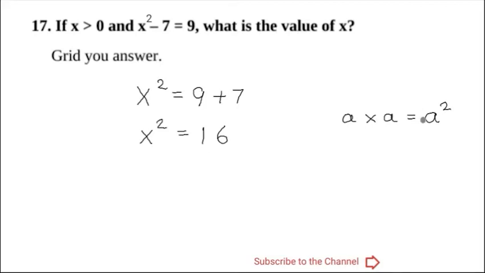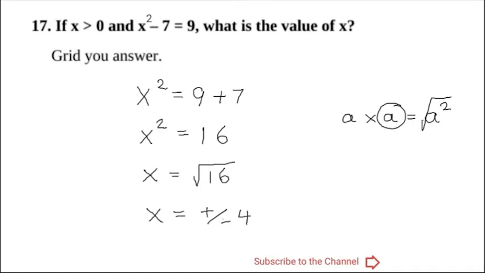As if we get the square root, then we will get the number which was multiplied. So we're going to go x is equal to the square root of 16. And as you know, that 4 by 4 is 16. But remember, x could be a positive or negative, so we go with plus or minus 4.